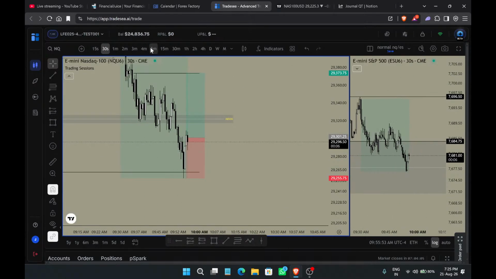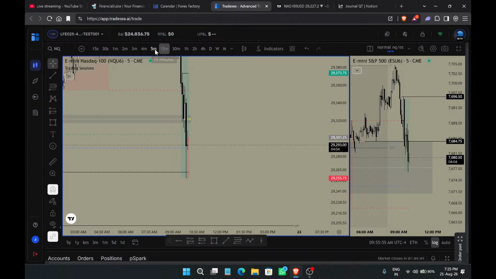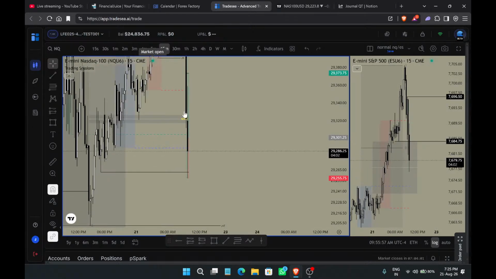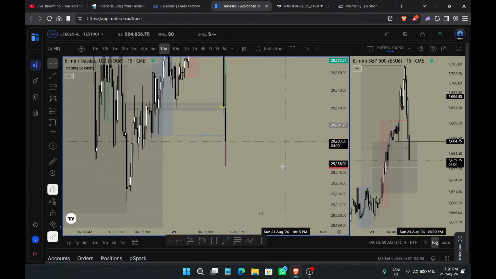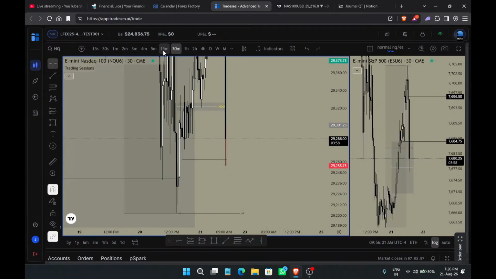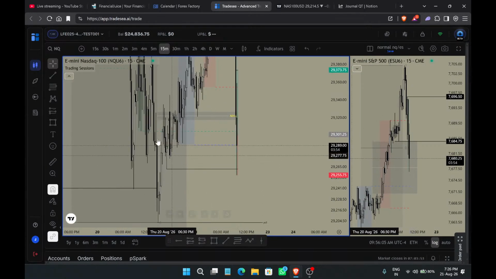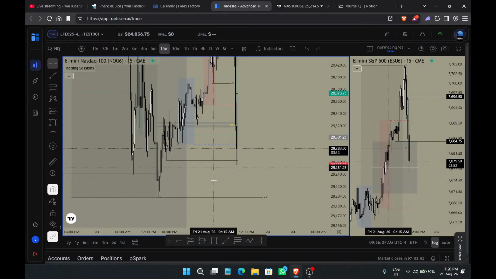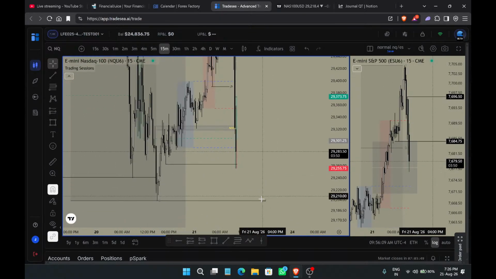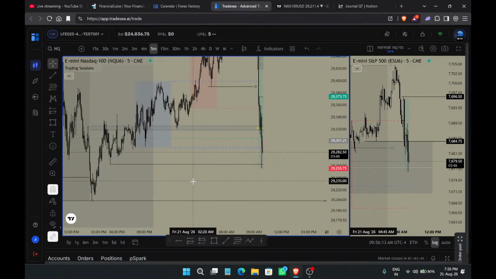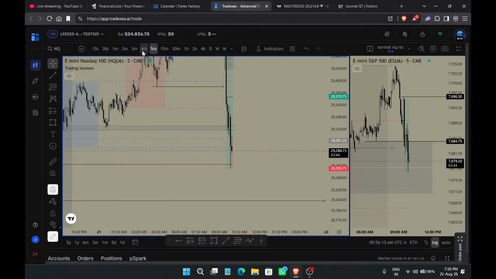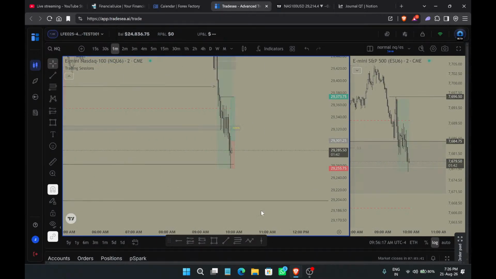Not taking anything, but trying to open the next 15 minutes. Sounds like that. We took most of the bicep targets. The major sell side is still below us. There's a pretty good chance that this might fail.